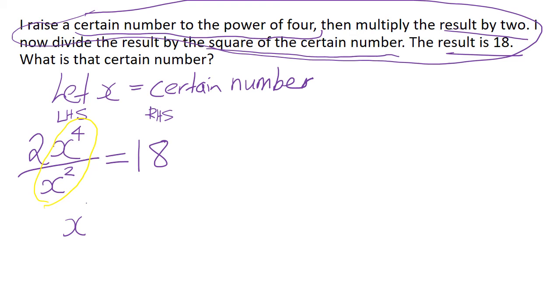So 4 take 2, right? And then don't forget you're still multiplying by 2 equals 18. x to the power of 4 take 2 is x squared. And then 2 equals 18.